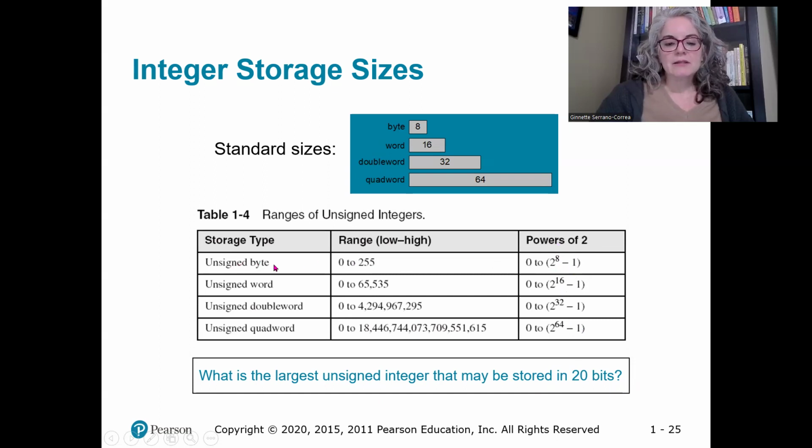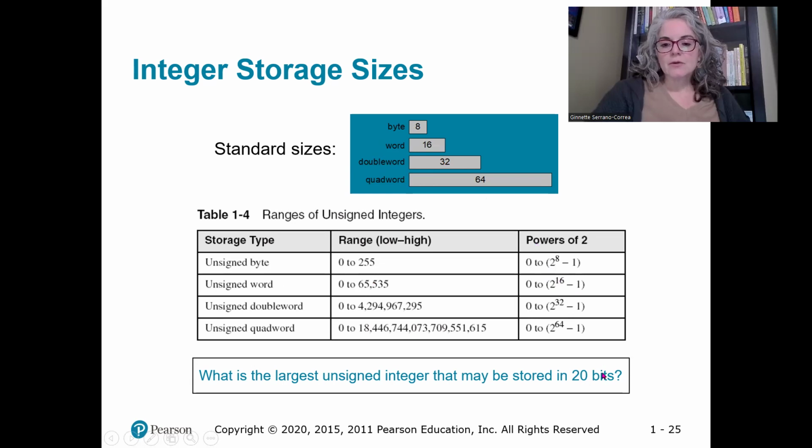To calculate an unsigned byte, they say 0 to 2 to the 8th, because that's how many bits are in a byte, 8, minus 1. To calculate the unsigned word, it's 0 to 2 to the 16. Word is 16 bits, so you would put 16 there, minus 1.